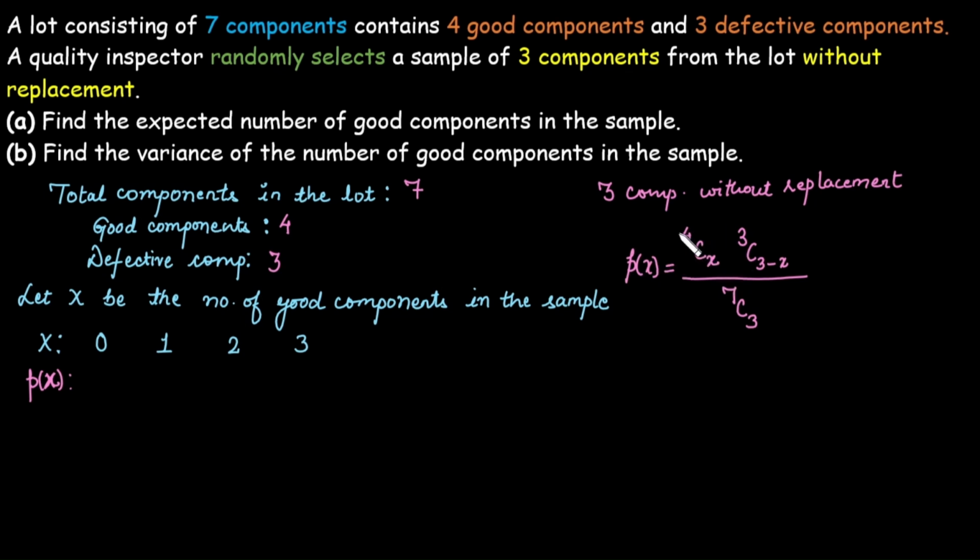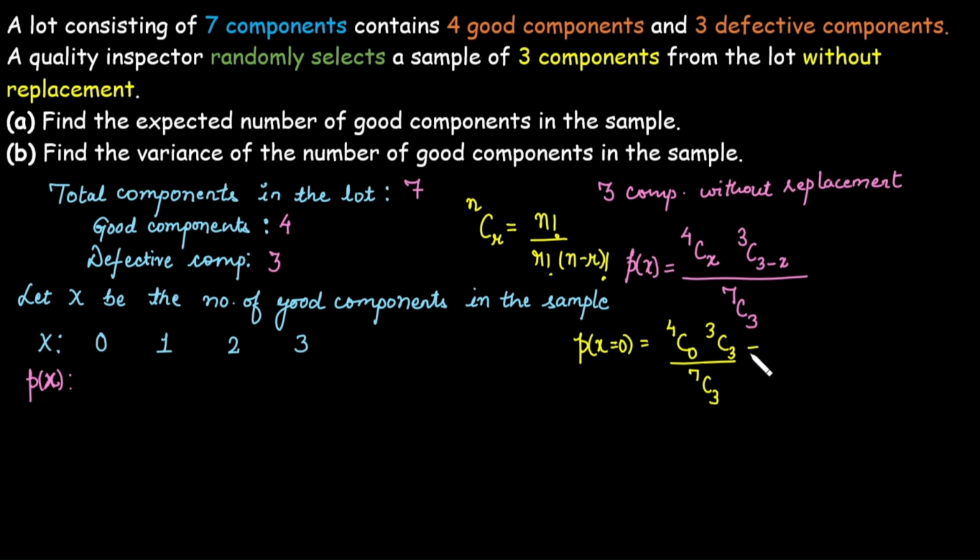Now what is the formula to calculate this? Let's suppose we have chosen r items out of n. This is calculated as n factorial divided by r factorial into n minus r factorial. Now let's calculate these probabilities. When the random variable value is equal to 0, it means we are selecting 0 good components and we have selected 3 defective pieces, divided by 7C3.